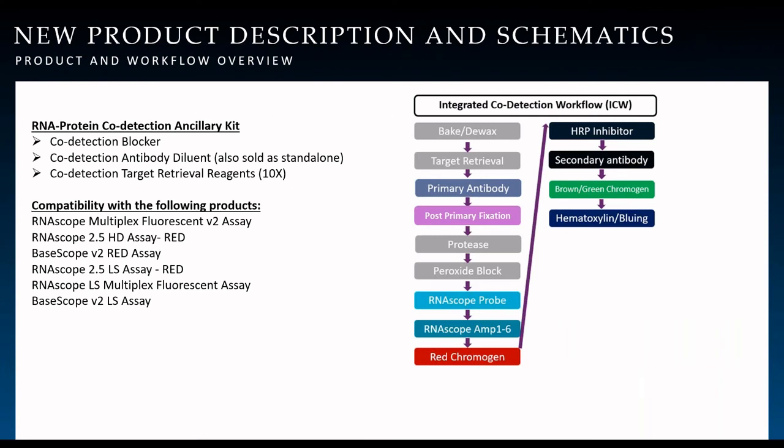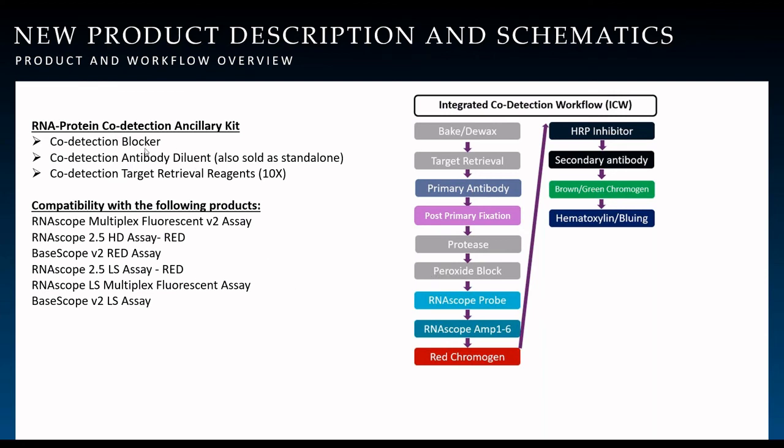So what we have done is introduced a set of reagents that optimize this workflow, and we have tweaked the workflow such that you perform your primary antibody incubation before you perform your RNAscope. This ensures really good antibody signal that is not impacted by the protease treatment in RNAscope.